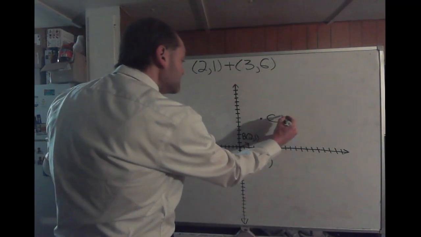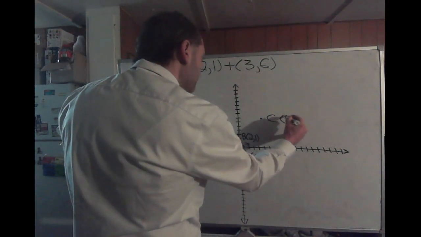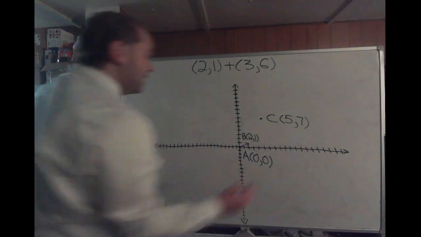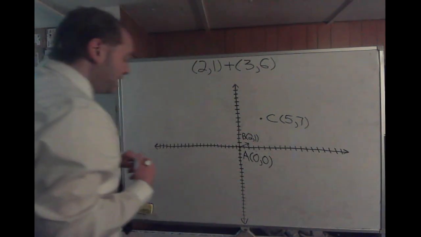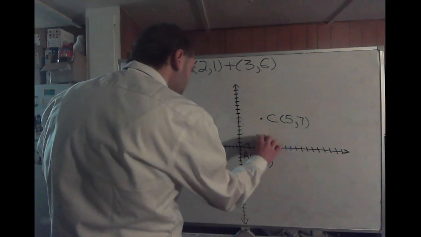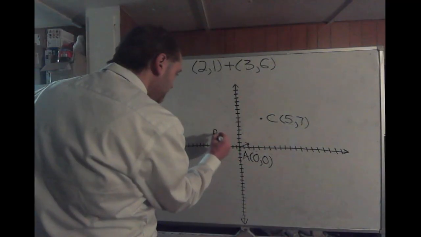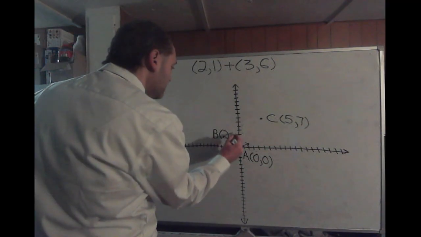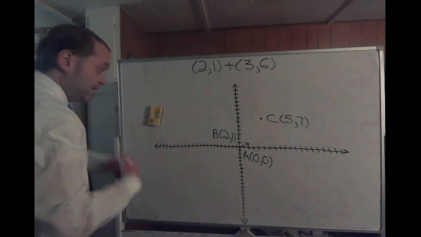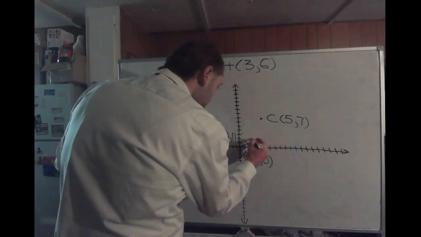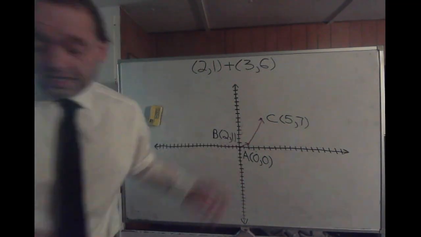So I'll have a point C, then it would put me at 5, 7 for my coordinates for the third point. And then now I should probably move where I'm writing here. I have point B, which is located at 2, 1, right over here. Now I'm going to draw my vector from B to C, so I start from point B to C. I have another vector from B to C.